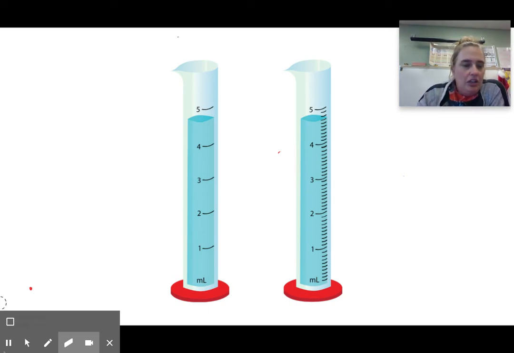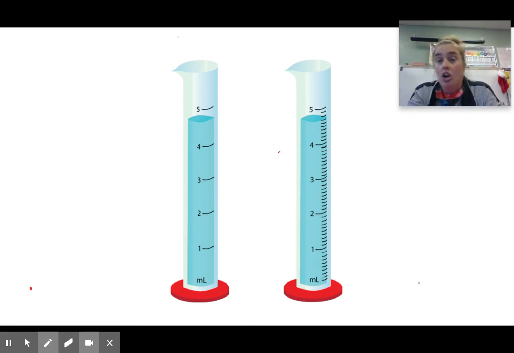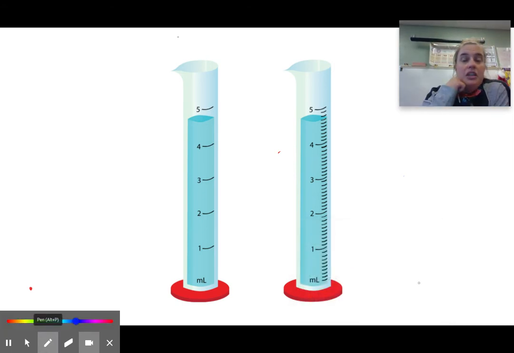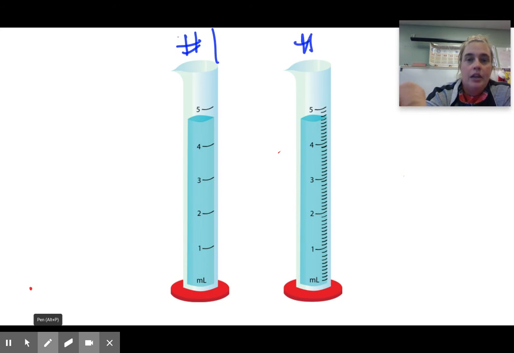Let's figure out what our units and measurements would be for both of these graduated cylinders. We're going to label them number 1 and number 2. Go ahead, take a look, and what would the measurement be for graduated cylinder number 1?